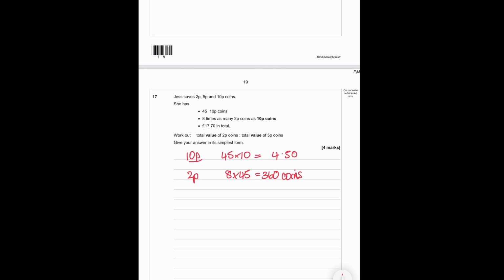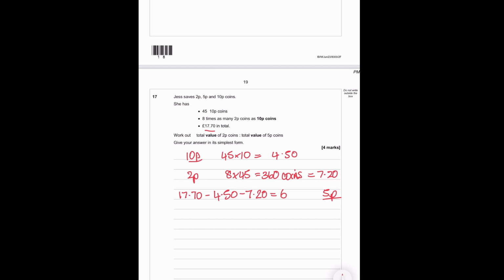So that has a value of £7.20. Now we know she has a total of £17.70. So £17.70, take away the £4.50 and take away the £7.20, gives me a value of £6. Now that is her 5p coins.